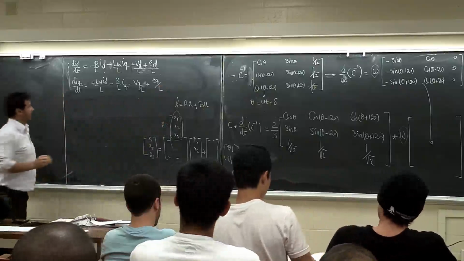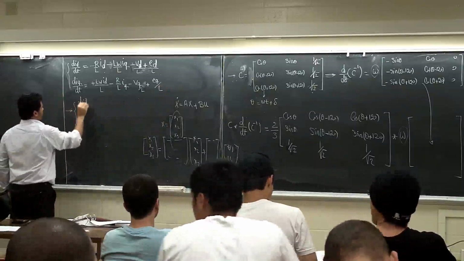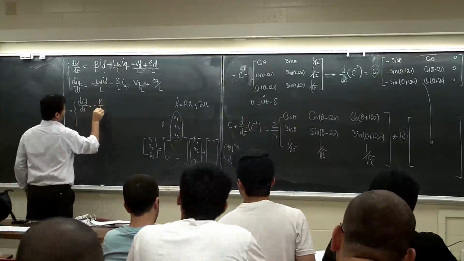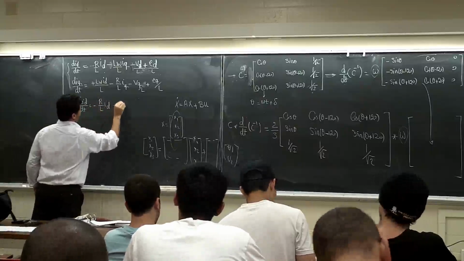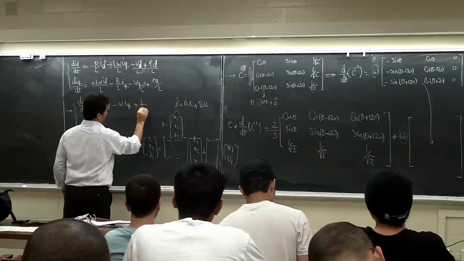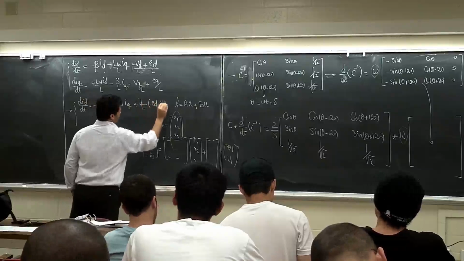So let's simplify this. It's going to be like this: dID over dt is equal to minus R over L ID minus omega IQ plus 1 over L times ED minus VD.